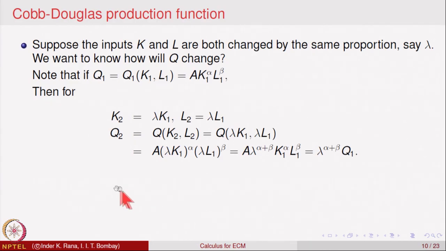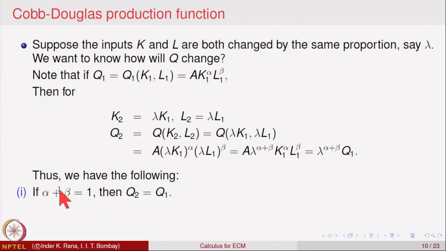So, how do you interpret this result? This says if K and L are changed proportionately, we have the following: if alpha plus beta is equal to 1, then Q2 is equal to lambda times Q1.